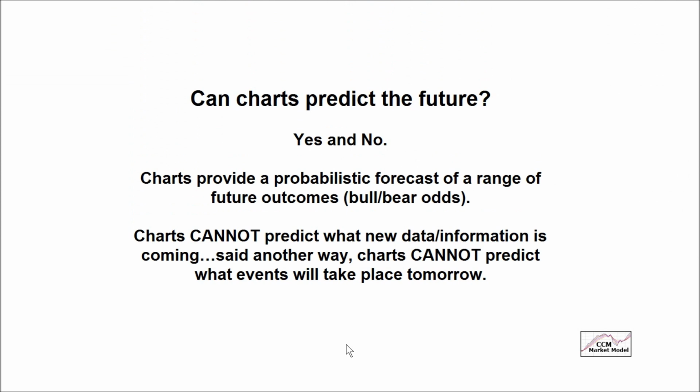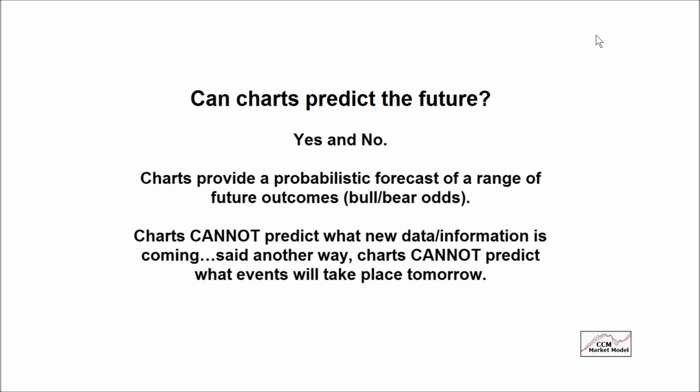Therefore, what do charts do well and what do they not do so well? Can charts predict the future? The answer is mixed. It's yes and no. What charts can do is allow us to see a probabilistic forecast of the net aggregate opinion of all market participants.